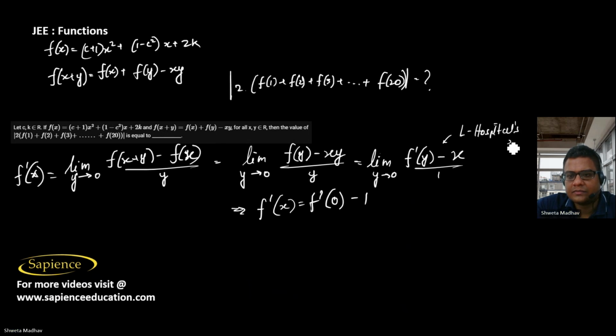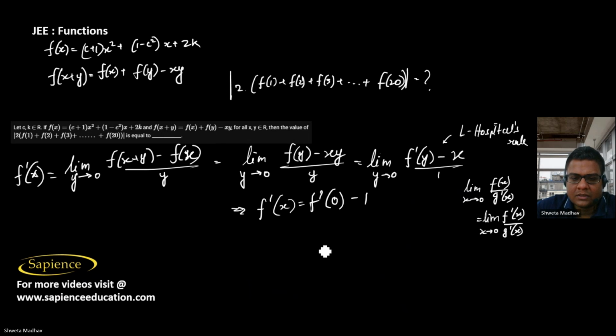L'Hospital's rule, which says that if I have limit x tends to a f of x by g of x, then if it is 0 by 0 form, then we can write it as limit x tends to a f dash x by g dash x. Okay, so then here minus x, so f of x.